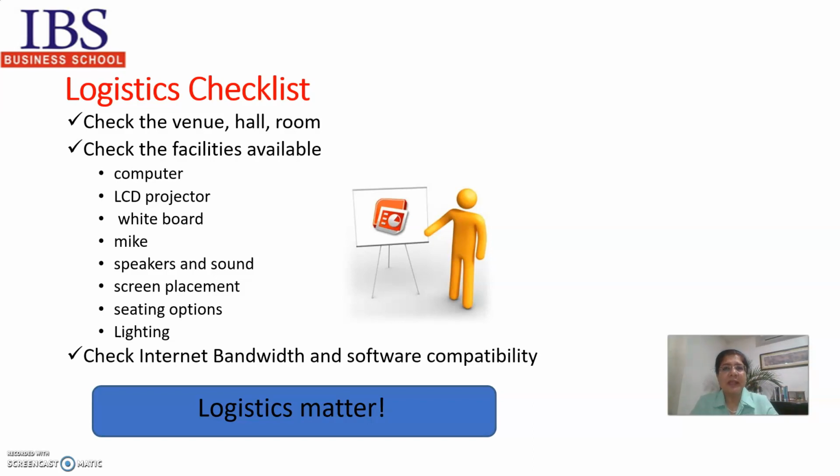A simple online presentation, due to the circumstances which we are in, can have a different modality altogether if it was a one-to-one or a physical kind of setting. So you need to be aware of what are the logistics involved. Otherwise, a very well prepared presentation can go flat because of certain incompatibility of software.